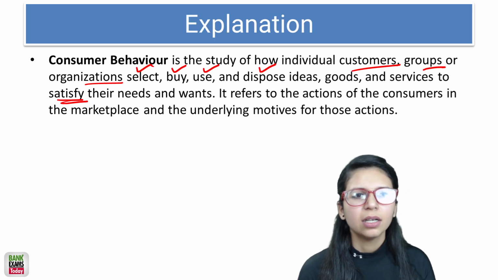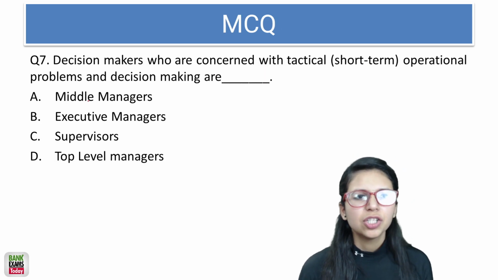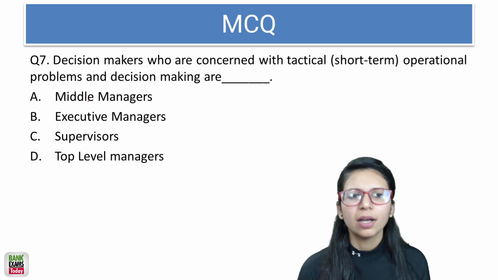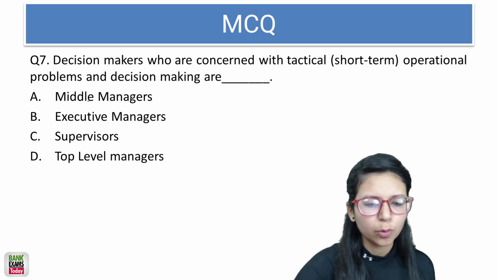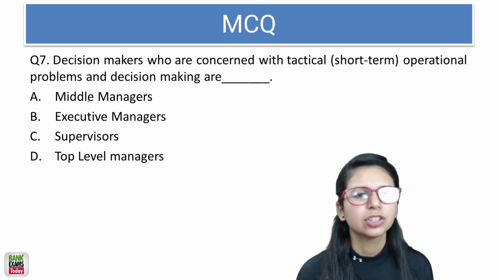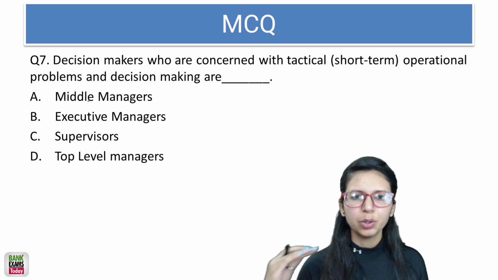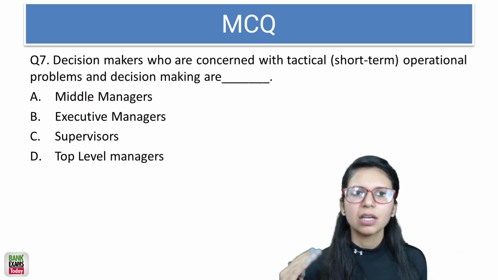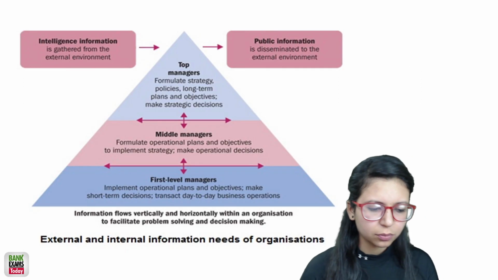Now we'll move on to the next question, which is, decision makers who are concerned with tactical or short term operational problems and decision making are. You all know that there are levels of management, right? I'll show you.